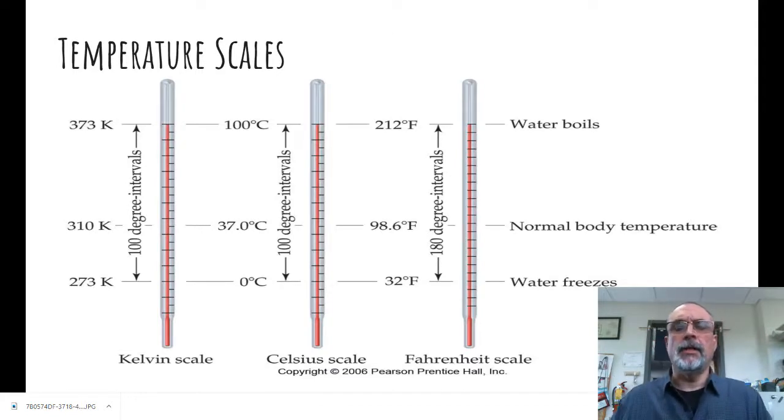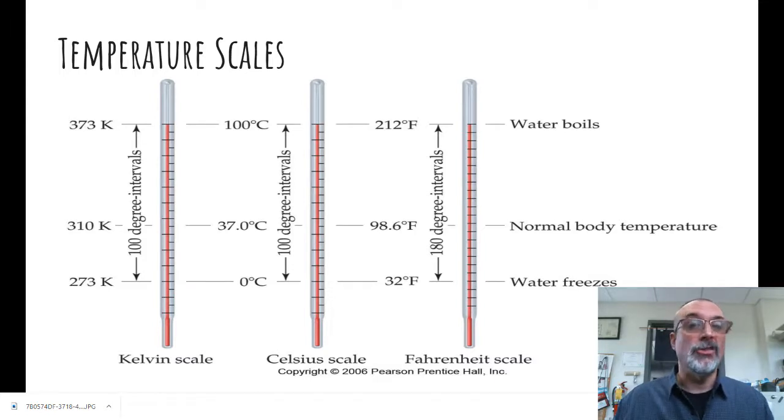So here's an example of some common temperatures that you should know. I don't really care if you know the Fahrenheit values, but you should definitely know the Celsius scale and the Kelvin scale. Water boils at 100 degrees Celsius. You should know that. It freezes at 0 degrees, and average human body temperature is 37 degrees Celsius, which corresponds to 98.6 Fahrenheit.